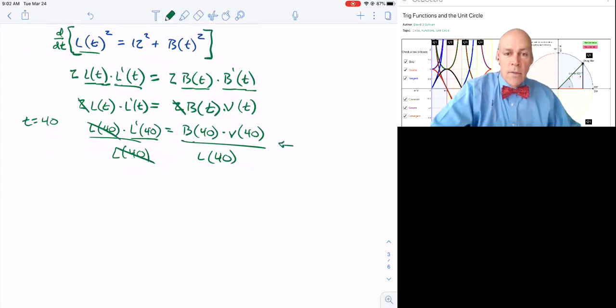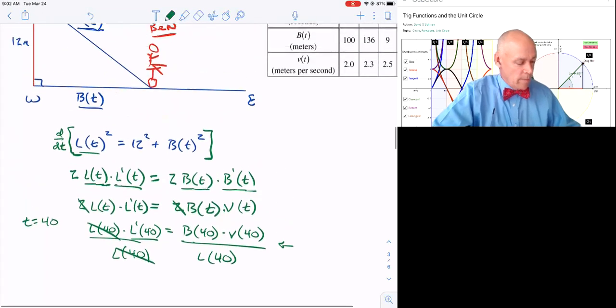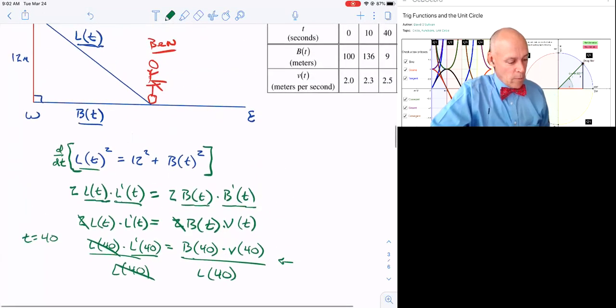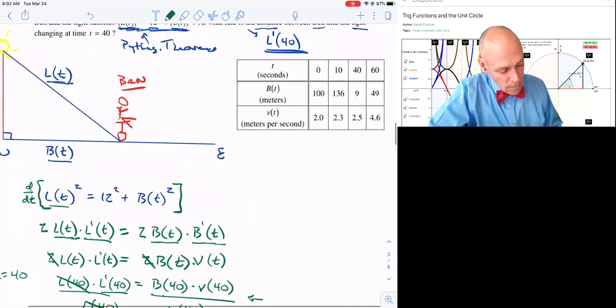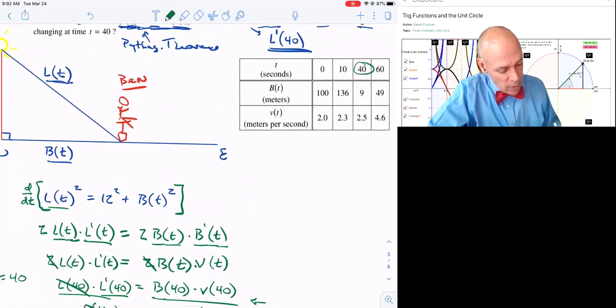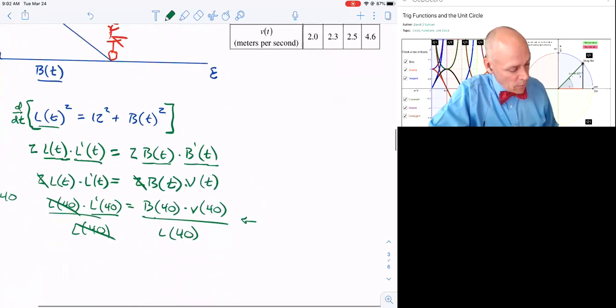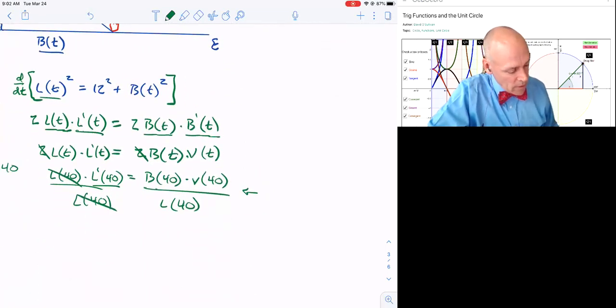Now, again, I can't leave my answer there because it's not numeric. I have to take care of the function notation. So B at 40, here's where I'm going to go back to my table. Here's 40.